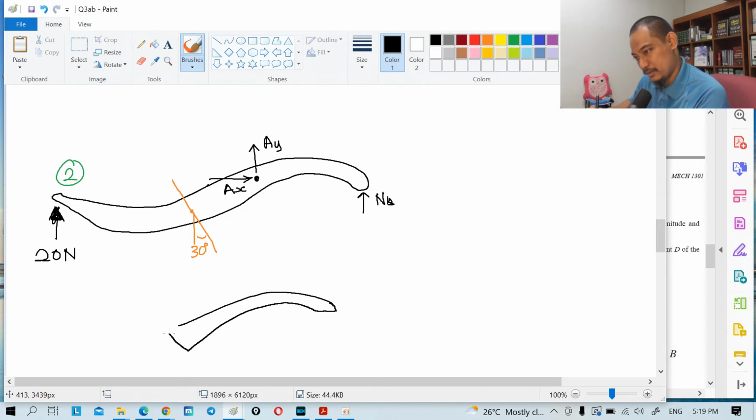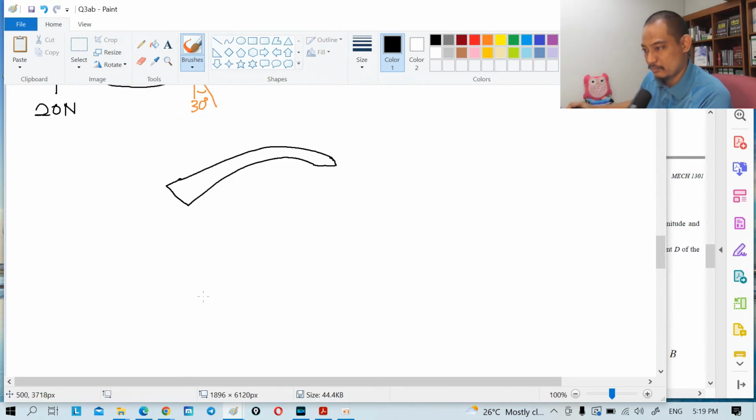And then it's slanting there, so you'll have N, you have V, and you have M, right? So MD, VD, and ND, and then this is the 30 degrees, right?